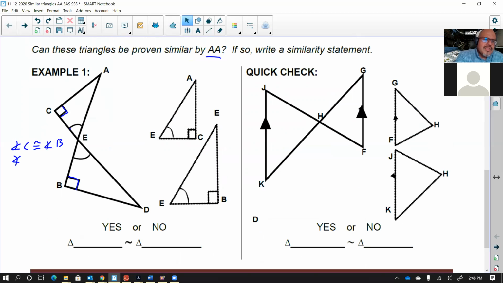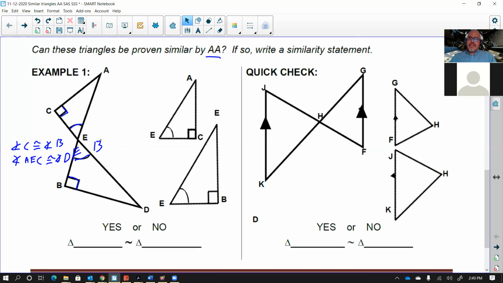This angle and this angle are vertical angles, so they're both congruent. So when we talk about this, we're talking about angle AEC is congruent to angle DEB. So those two angles are congruent. So we do have that.